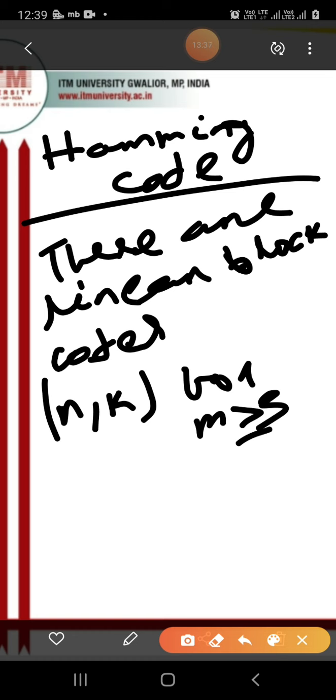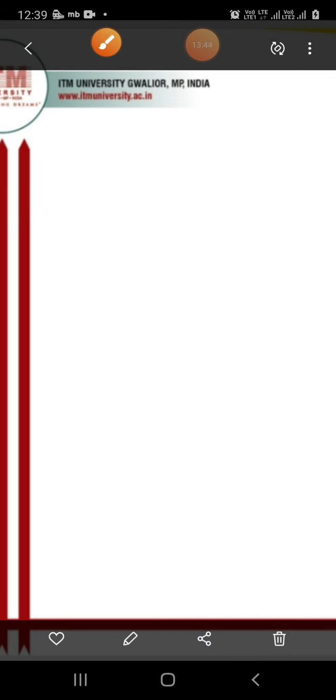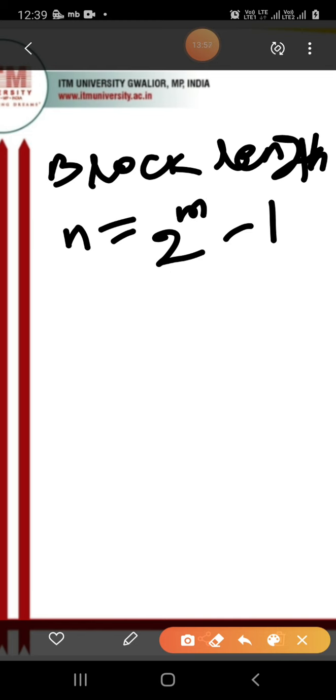They can be defined like this. Suppose I want to write the block length. Block length will be written as n is equal to 2 to the power m minus 1. Similarly, suppose I want to write the number of message bits.